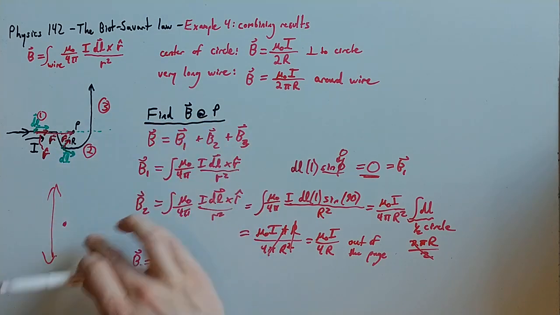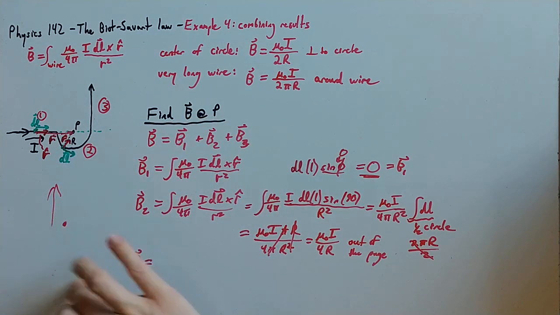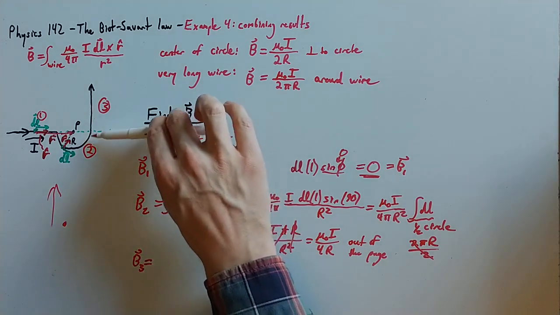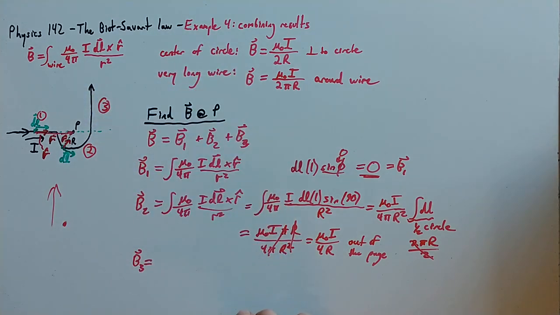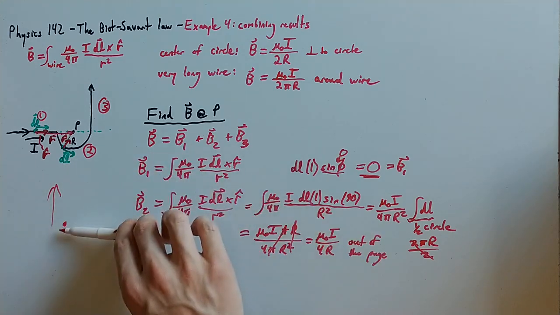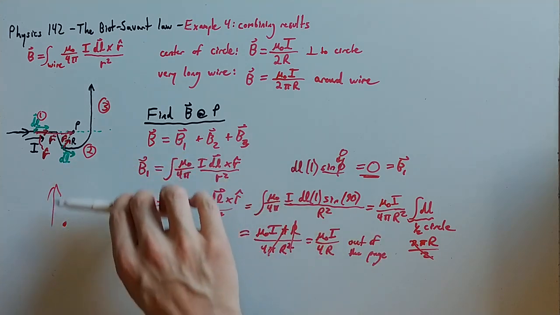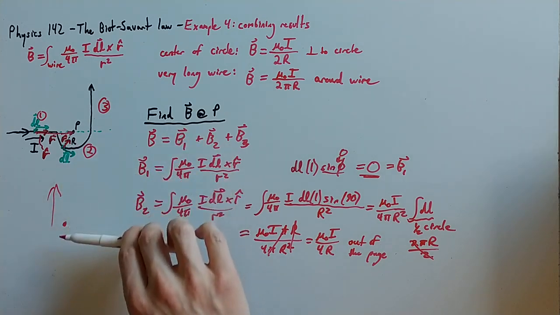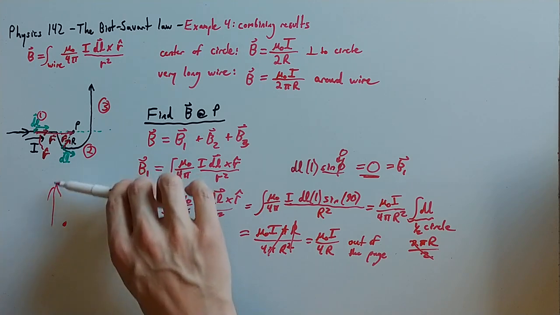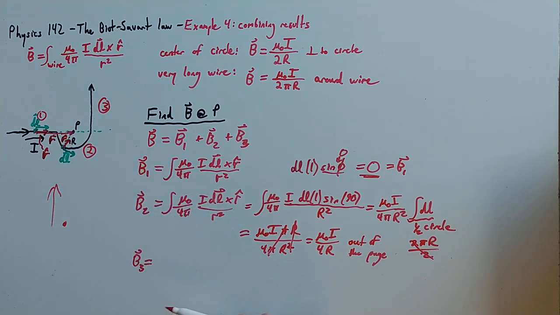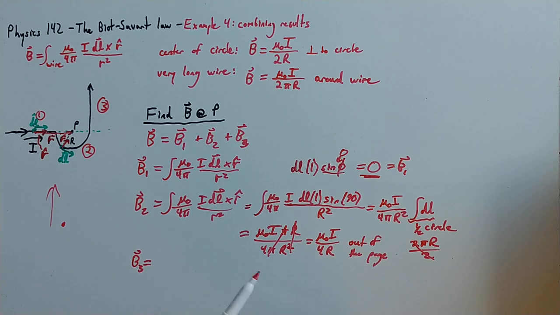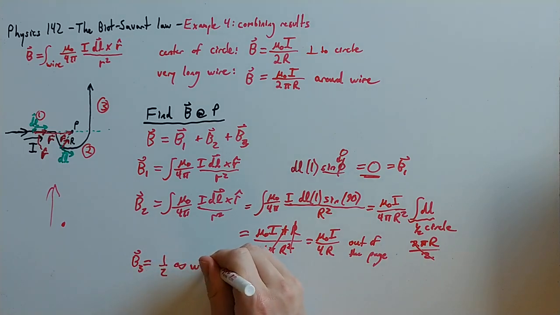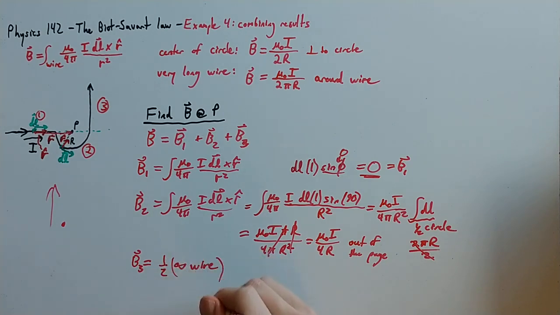It's a really long wire, but we only have half of the wire, so this is what we might call a half infinite wire. And a half infinite wire is only contributing half of the dl's, half of those little I dl's. So you're only going to get half of the magnetic field. So B3 is going to be 1/2 of an infinite wire.